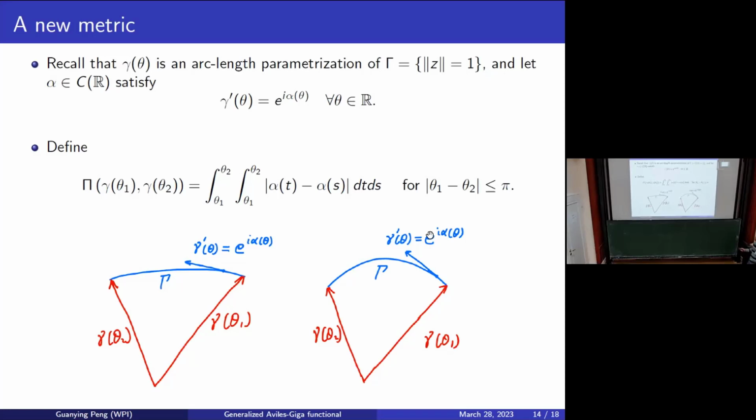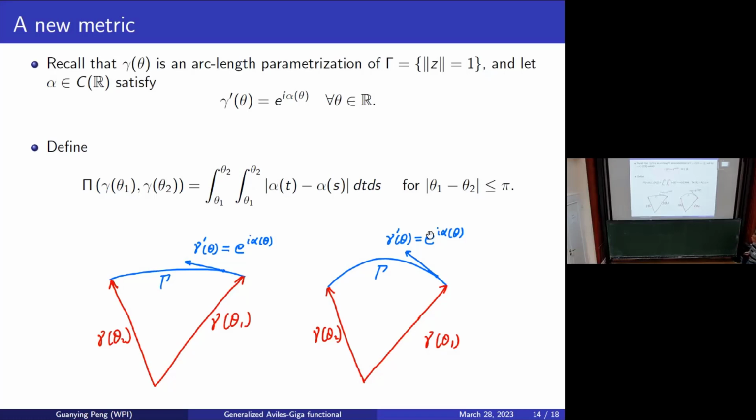In the first picture, this portion of gamma connecting the 2 points is relatively flat. And in the second picture, this is more convex. And essentially, this quantity pi is just counting the change in the phase of the unit tangent vector field along the curve gamma. And in the first picture, apparently the jump along the curve is going to be small, and in the second picture, it's going to be bigger, just because we have different convexity or curvature for the curve.